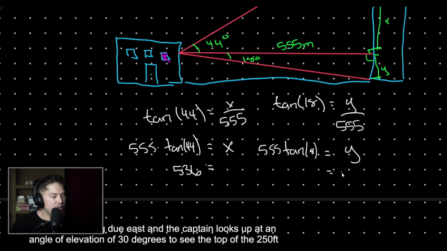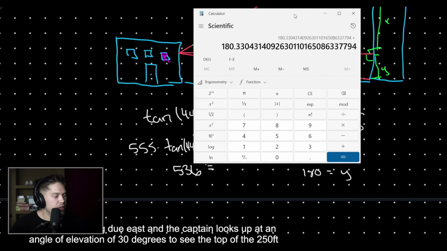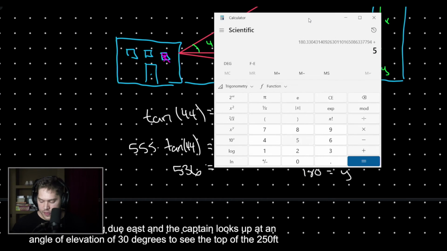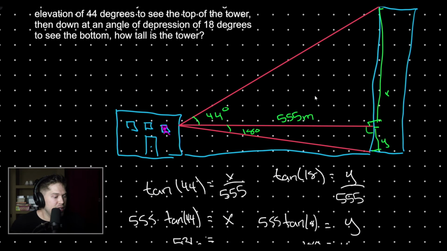Again, we'll round. And then, of course, we need to add the two numbers together. So plus the 536 number to get a total height of the tower of 716 meters. Okay, that's a pretty tall tower, but 716 meters would be the total height.